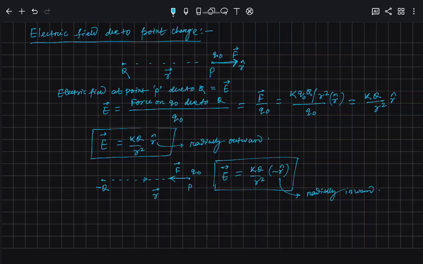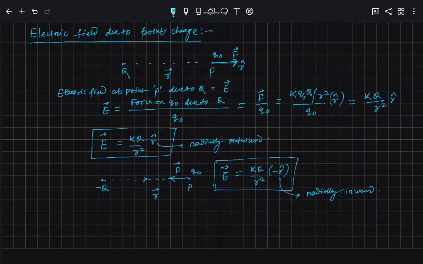And if the charge is positive, the electric field due to the charge will be radially outward. If the charge is negative, the electric field due to the negative charge is radially inward. Okay, these two things you have to remember.